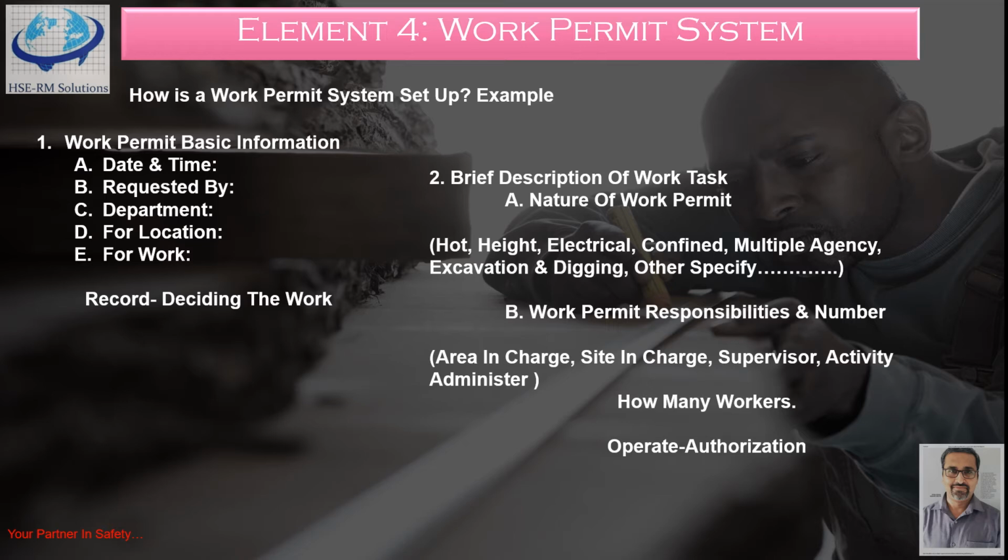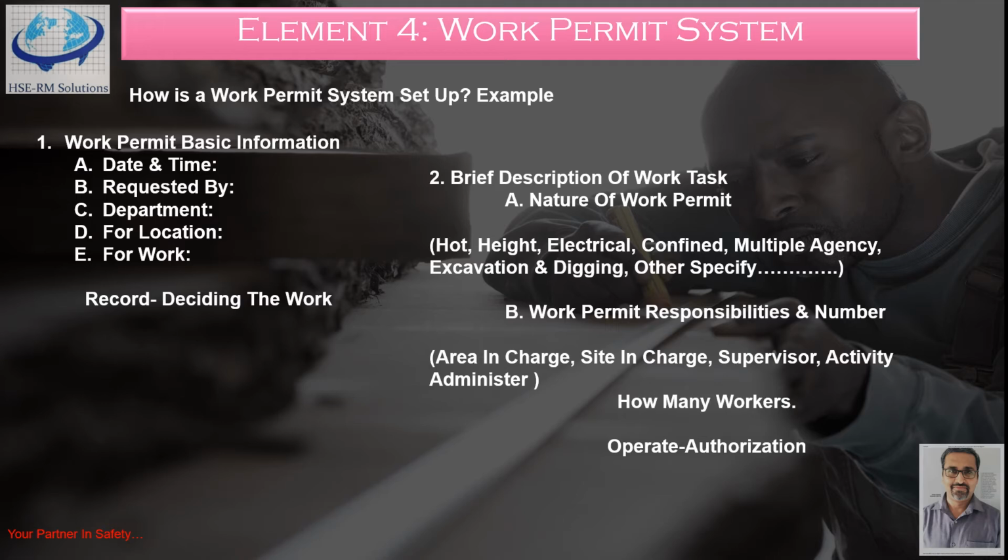Electrical task, three are to be ticked. Multiple agency, four are to be ticked. No problem. Why? Because we are defining the nature of work permit. The person is going to work at height, perform a hot task, work in a confined space, and multiple agencies are going to be involved. So this clearly defines the nature of work permit.